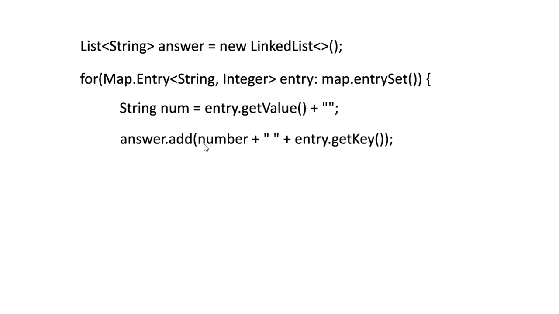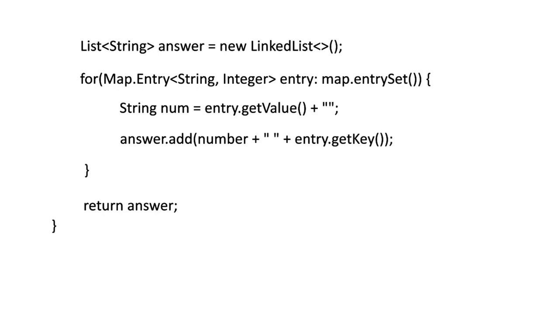So this will add to answer basically 900 in our case, and entry get key, so it'll be yahoo.com. And it'll just keep going through until it converts all the values in the hash map to a string list. And then we'll return that, and that is all she wrote.